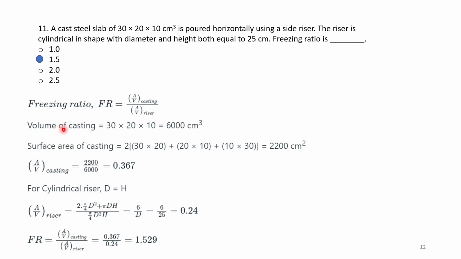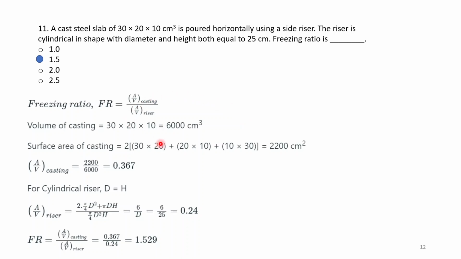So the volume of casting will be 30 times 20 times 10, so it will be 6000 centimeter cube, and surface area of casting, it is a cuboid, so the formula will be 2 times LB, BH and LH, so by using this it will be 2200 centimeter square.